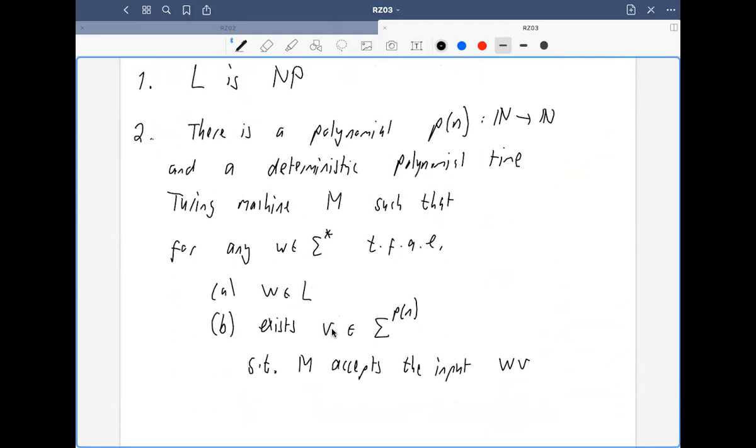And we can do that efficiently. To make sure it's efficient, we have to make sure that V does not contain too much information, so we make sure that the size of V is polynomially bounded in the size of W. Sorry, n here is a bit ambiguous. n should be the length of the word W here.